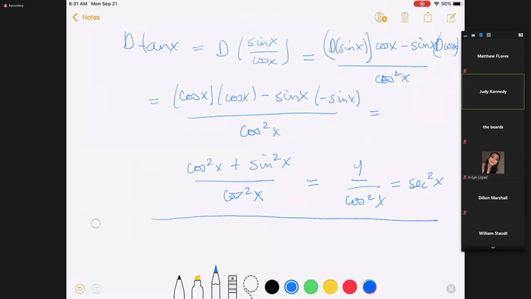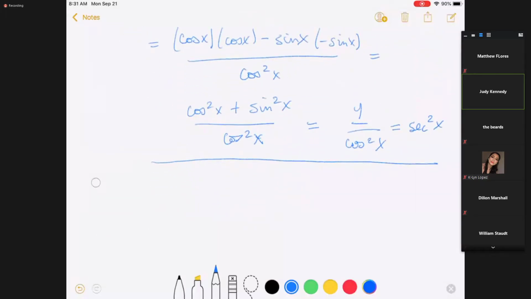cotangent. Cotangent is cosine x over sine x. Having trouble making S's this morning.